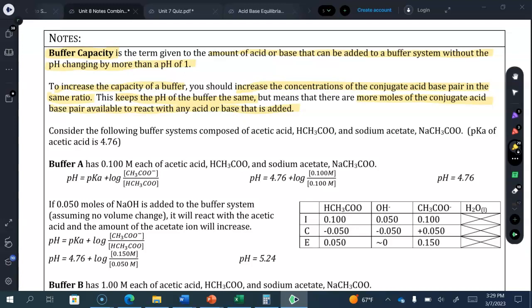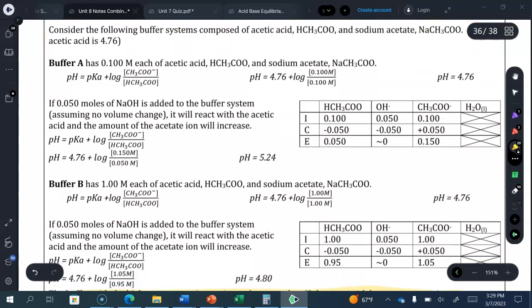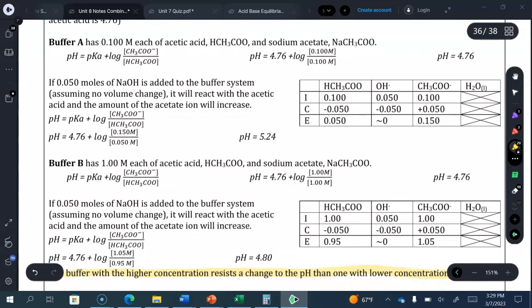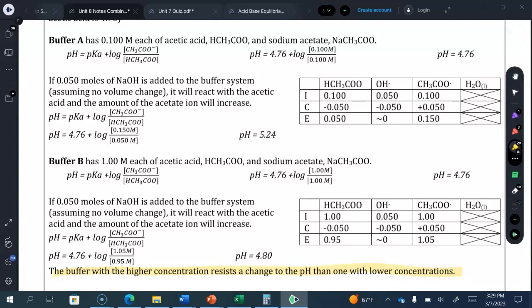So consider the following buffer system, composed of acetic acid and sodium acetate, where the pKa of acetic acid is 4.76. Buffer A has 0.1 molar of each acetic acid and the sodium acetate ion. If we have 0.05 moles of sodium hydroxide added to the buffer system, assuming no volume change, it reacts with the acetic acid and the amount of the acetate ion increases.